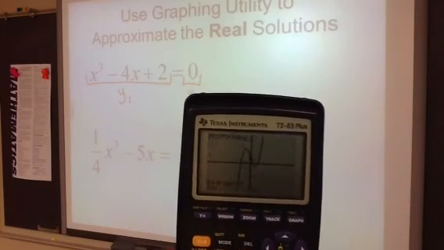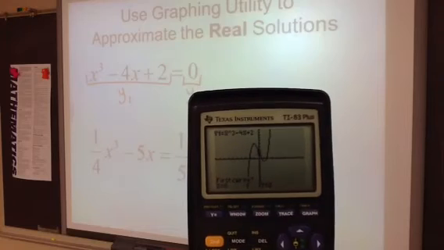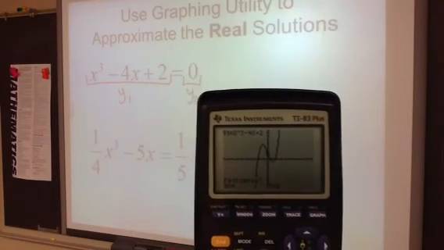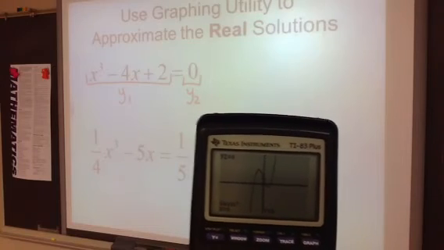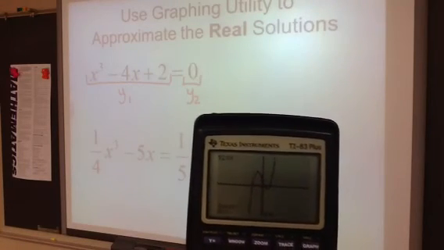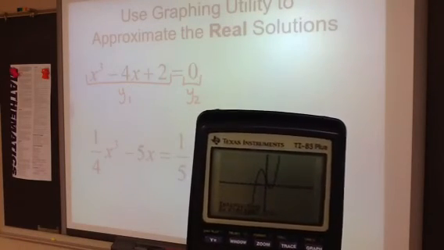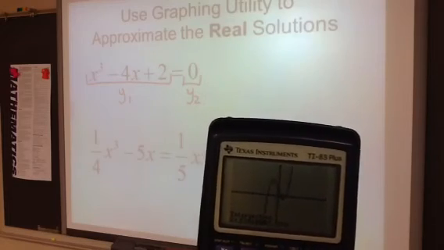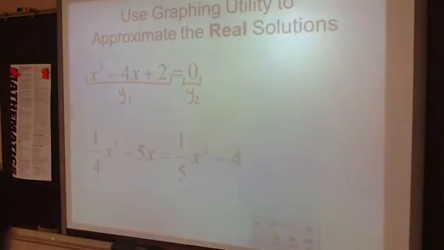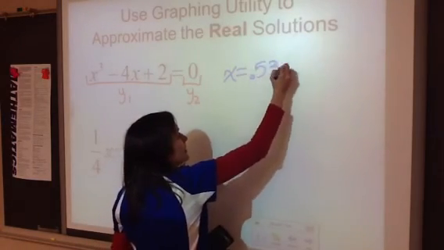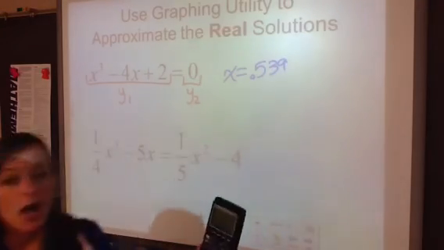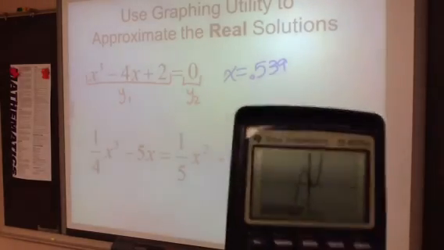You find the intersect, number 5. It says first curve. You hit enter. Second curve, enter. Guess, it has it on 0. Hit enter. And you get 0.539 for x. So, one of my solutions is 0.539.